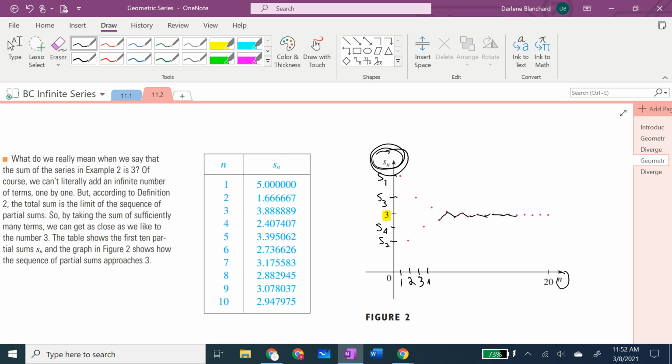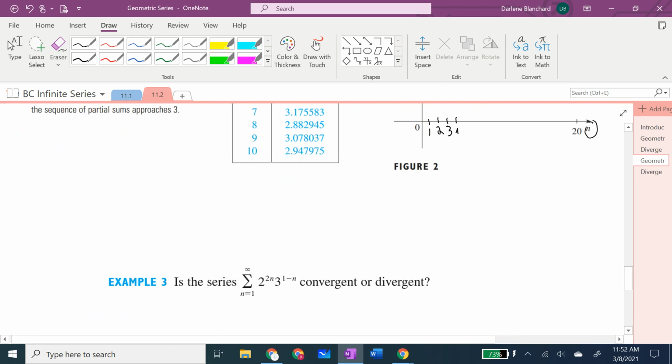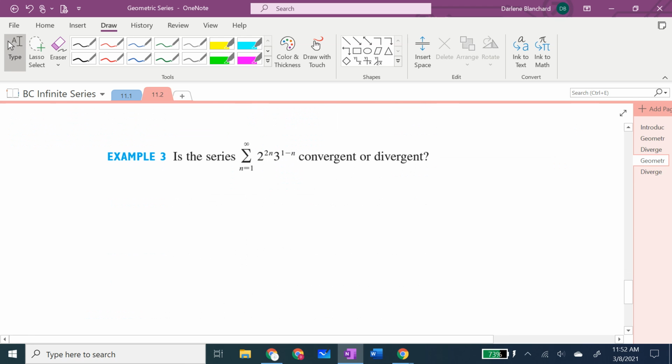And that is a way to discover that the infinite sum is heading to 3. Okay, then I want to look at another one before I go back and talk about an understanding of why the geometric series diverges for the other numbers.